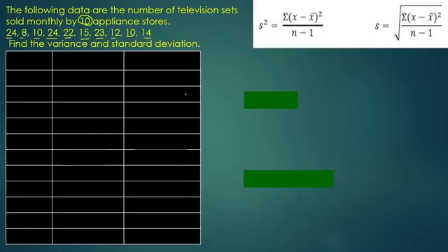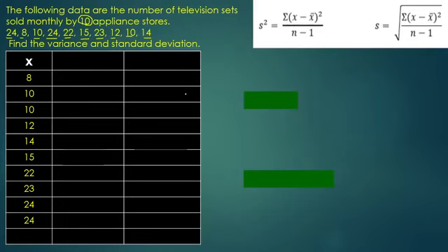So, ang X nato diri, what is the smallest number there? 8. What is next to 8? Duha ka 10. What's next to 10? 12. Next to 12. 14 next to 14. 15 next to 15. 22 next to 22, 23 next to 23, duha ka 24.